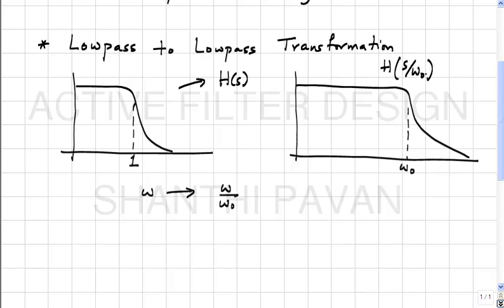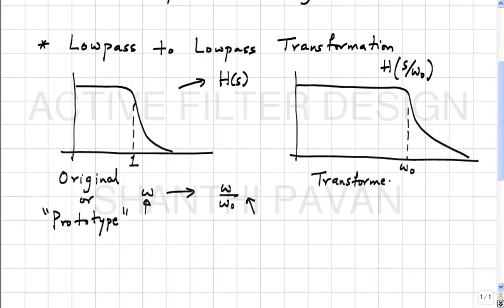In other words, whatever happens at 0 here in the original filter will happen at 0 in the transformed filter. Okay, so this is the original filter or the prototype filter, and this is the so-called transformed filter.